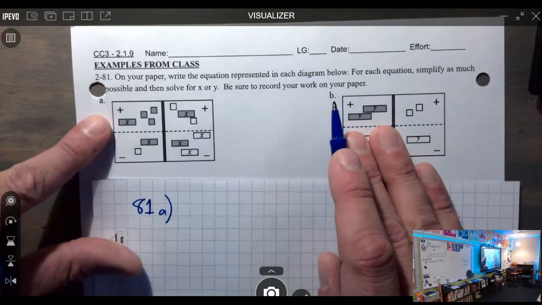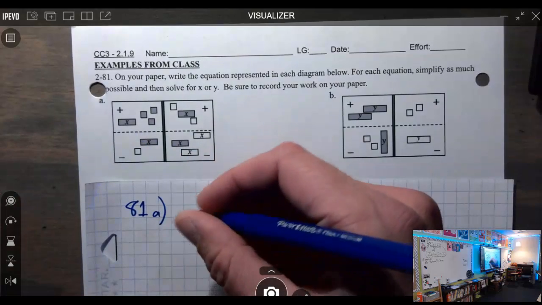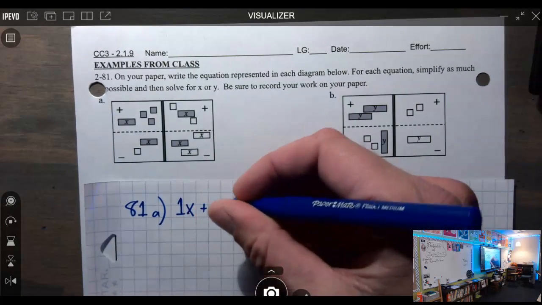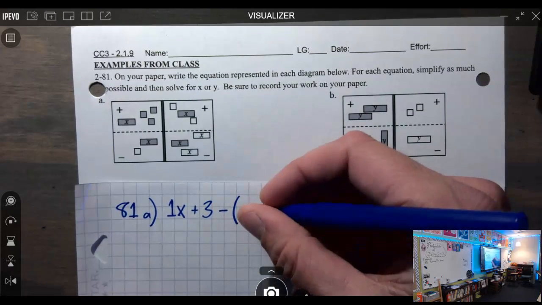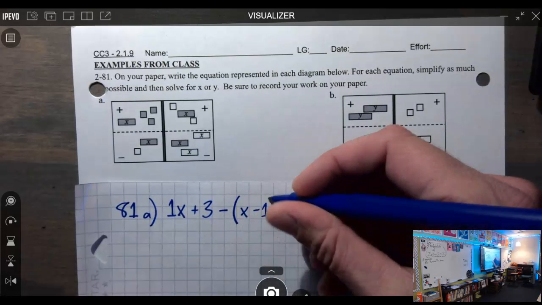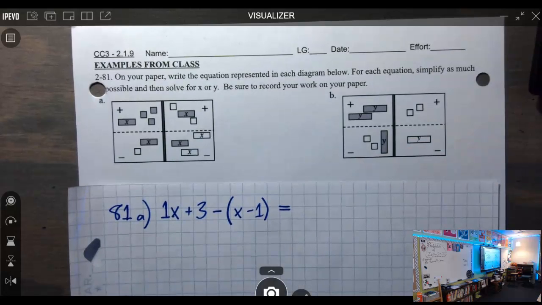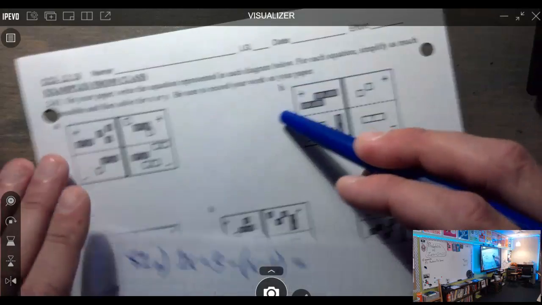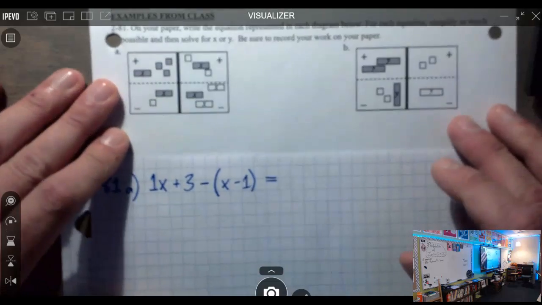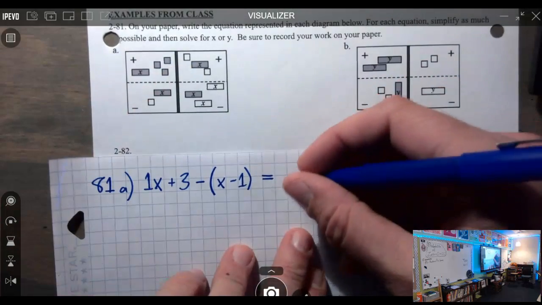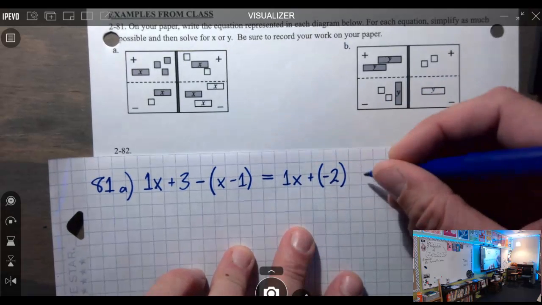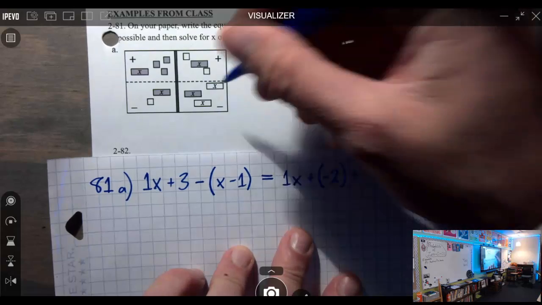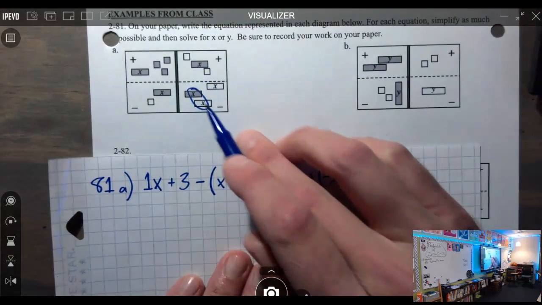So like for A, if you're struggling to get started, I have x, like 1x, plus 3. And then the opposite of x and negative 1 equal to, notice what I'm saying, I don't know if we have space on our paper to do it, but I wanted you guys to be able to see this right in front of you, equal to x and negative 2 and, well, I guess I could go ahead and group these up right now.